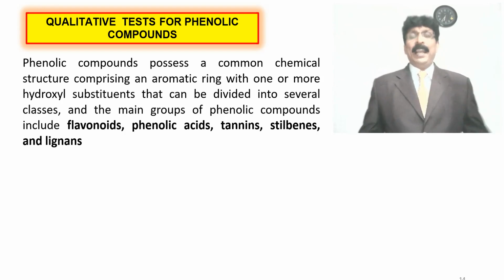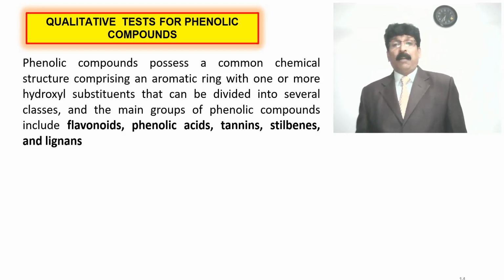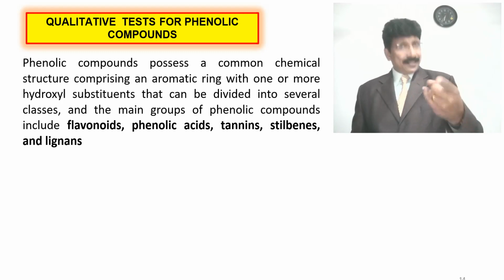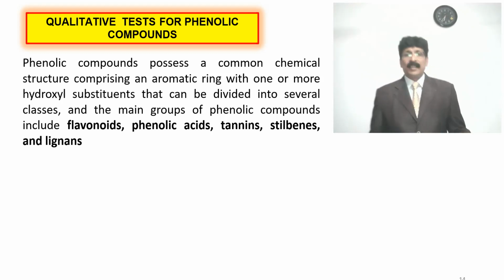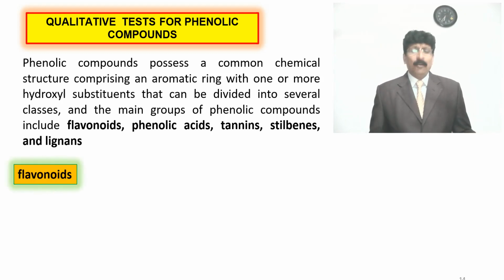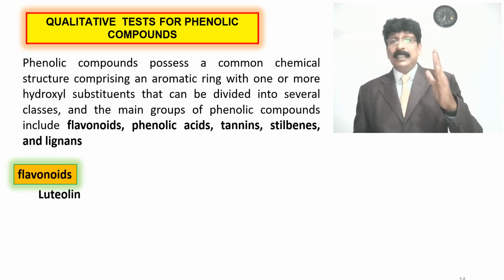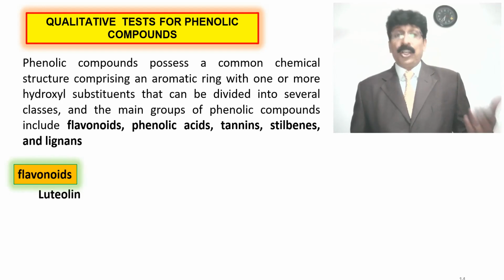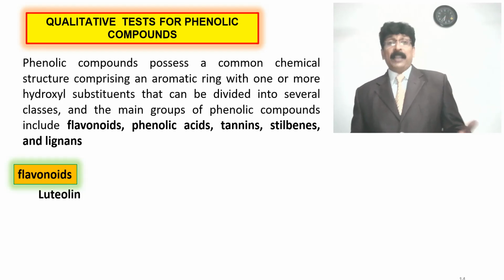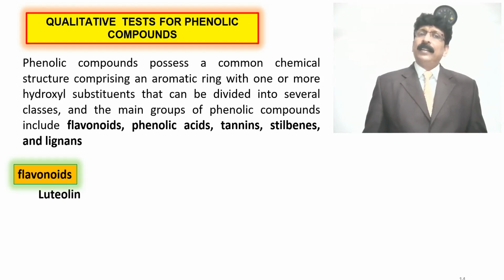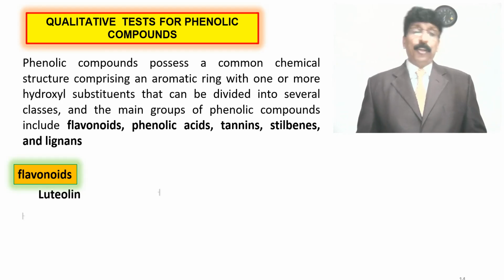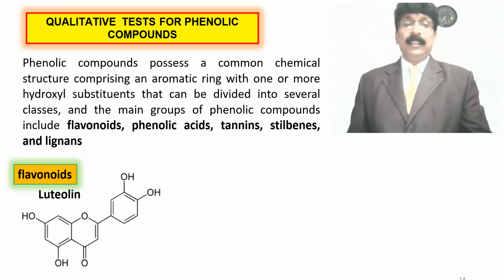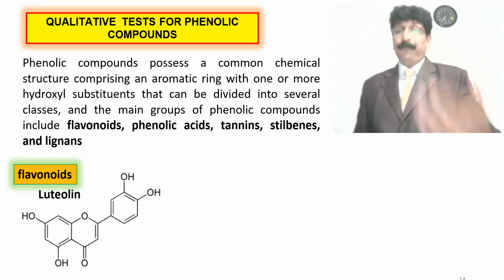The main groups of phenolic compounds include flavonoids, phenolic acids, tannins, stilbenes, and lignans. Flavonoids are phytochemical constituents present in most plants, giving interesting therapeutic activity. Luteolin is a structure, as we said, an aromatic ring with many OH groups.